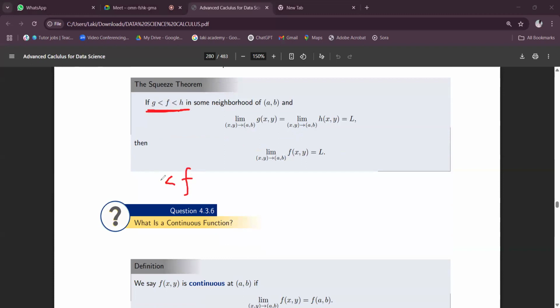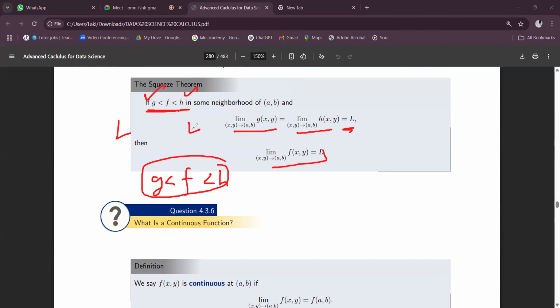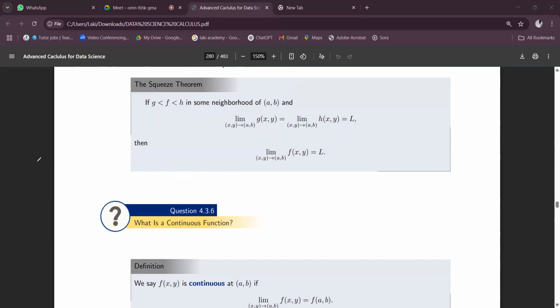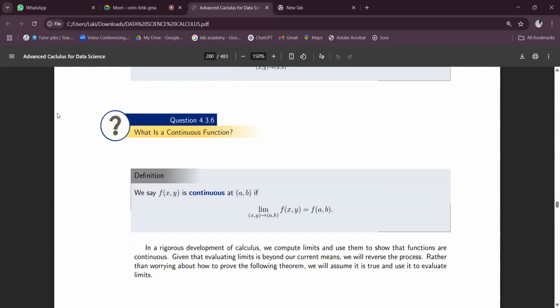F lies between G and H. Suppose the limit of G is L and the limit of H is also L. Then the limit of F will be L, because F lies between G and H.